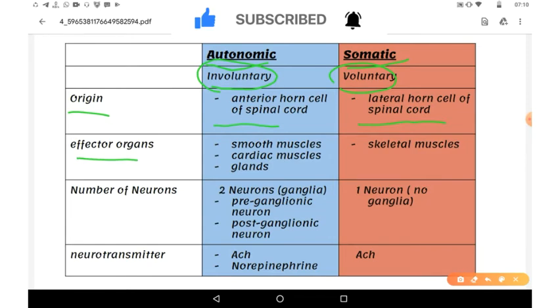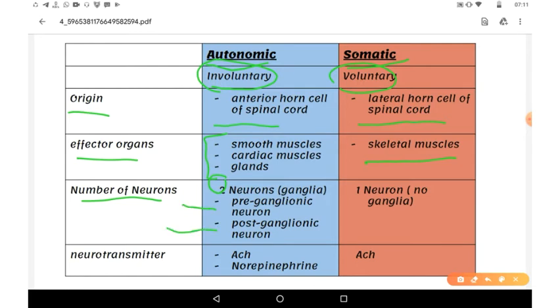Effector organ: autonomic is smooth muscle, cardiac muscle and glands; somatic is skeletal muscle. Number of neurons: the autonomic has 2 neurons. The first is called the preganglionic neuron, the second the postganglionic neuron, and there is a ganglion between them, which is a relay station between the 2 neurons.